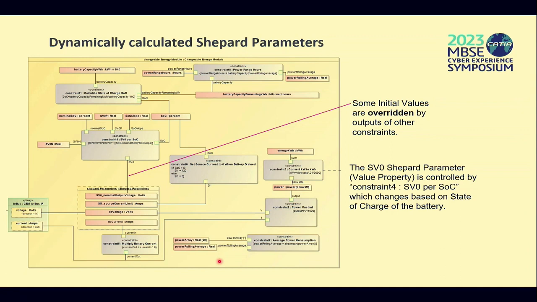So that's what makes this very dynamic. And for the battery pack itself, what was important about this is that it did that based on the state of charge of the battery. So depending on its state of charge, it actually will dynamically change during the simulation to know whether or not it should charge itself or provide power to the bus.